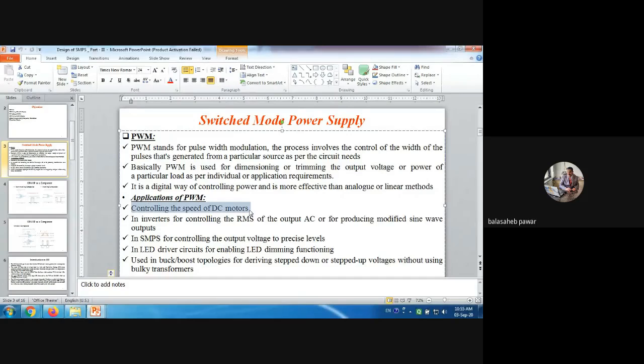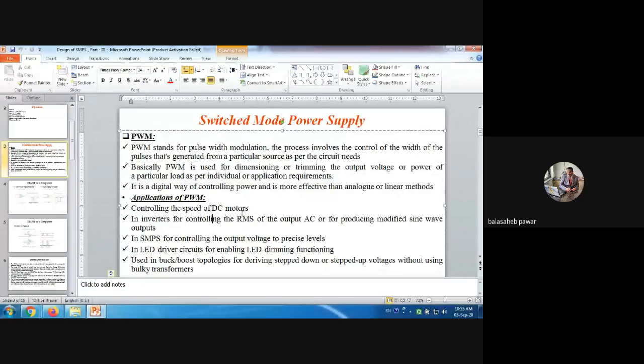If we increase the duty cycle of that switch, then what will happen to the speed of this DC motor? By increasing the duty cycle, output voltage gets increased, because VO is directly proportional to capital D, right? So if we increase the duty cycle, output voltage will also increase, and hence the speed of this DC motor will also increase, and vice versa. That's why we can simply write the application of PWM as speed controlling. Okay.